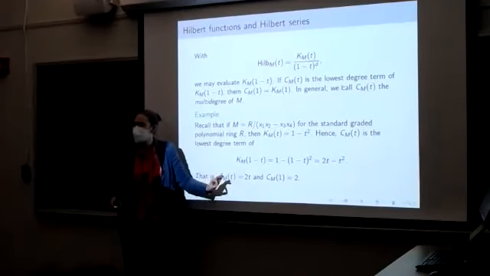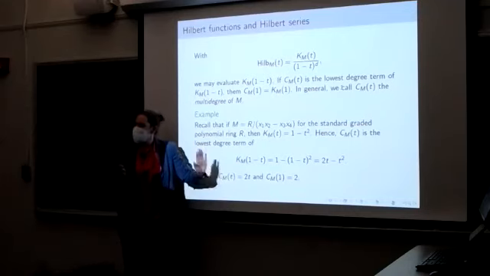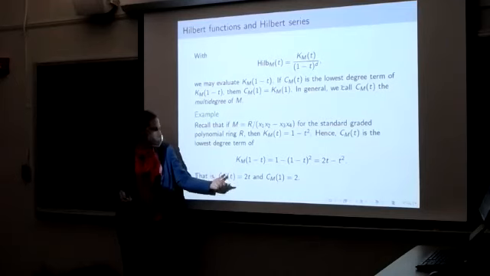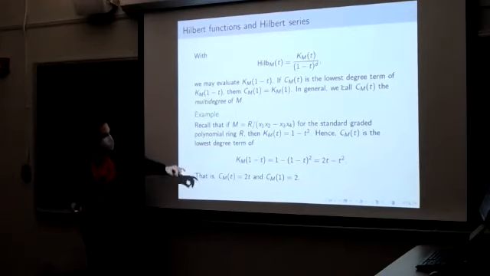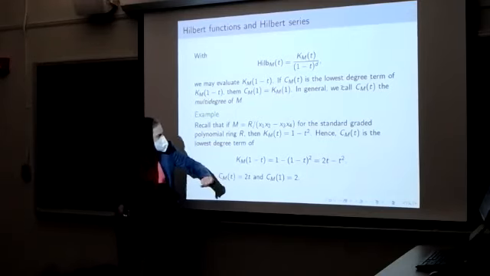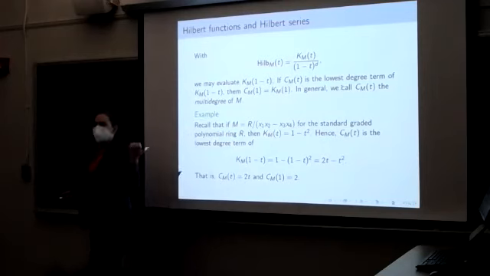A multi-degree is a polynomial, not an element of N to the n, somewhat confusingly. So when we say multi-degree, we always mean a polynomial that, if we're single graded, recovers the same information as degree. The fact that this is t to the 1 is telling us that the height of this ideal is 1. So the codimension of Spec R mod I in Spec R is 1.